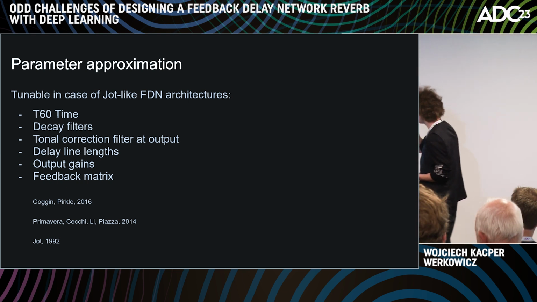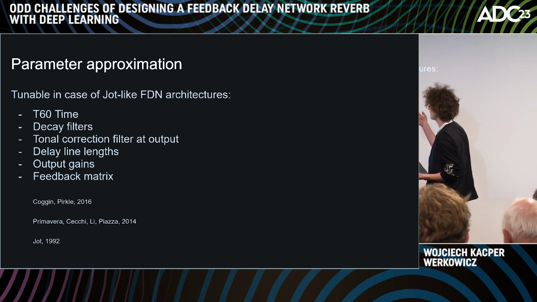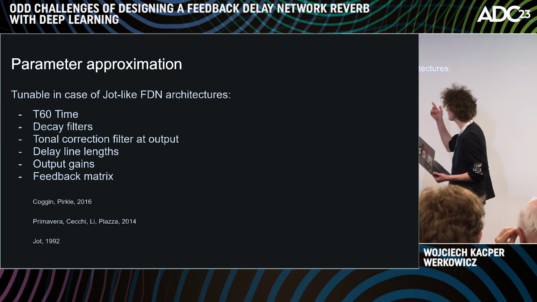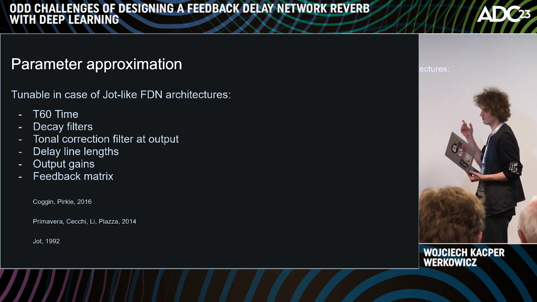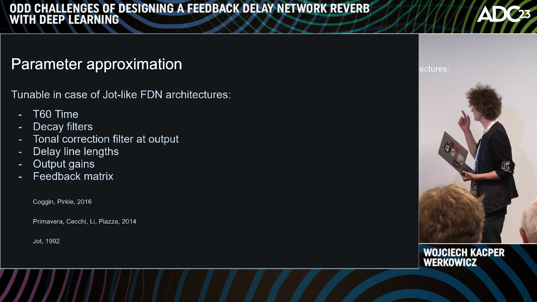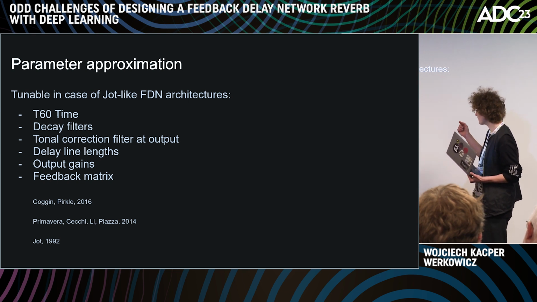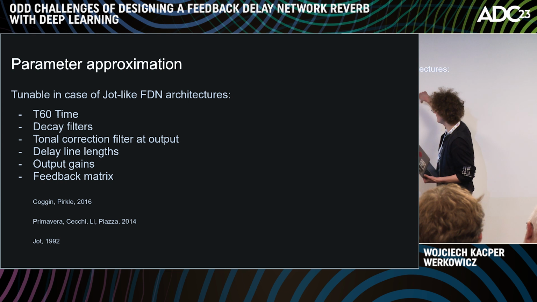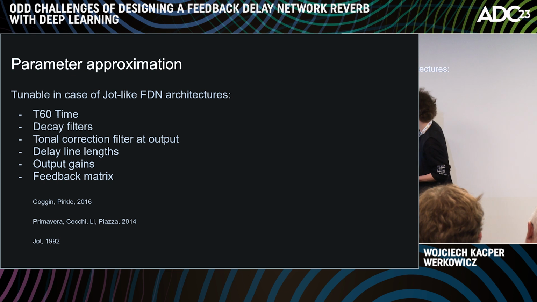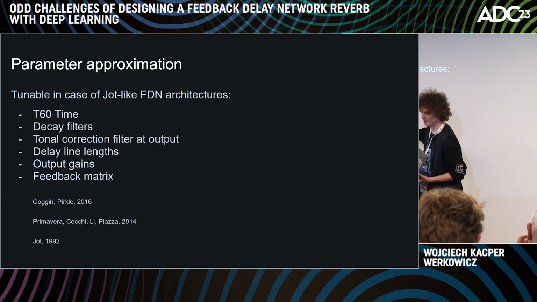You have the T60 time, the cutoffs of coefficients of decay filters, and in the case of the Jot FDN, you have the tone correction filter at the end. These two, like Ben said, are related to the T60 time. So essentially, if you calculate that, you don't really have to care about these. You would only care about the output gain and the delay line lengths.